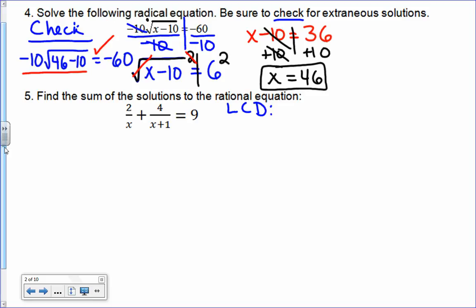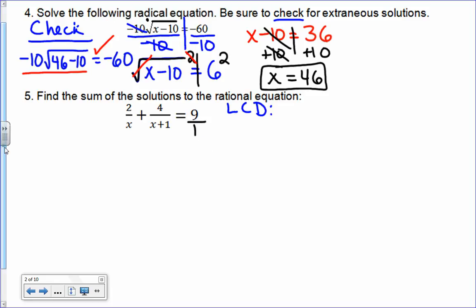What I want to do first, though, is take this 9. It's just a whole number. I want to make it a fraction, 9 over 1, so we can see where the top and the bottom are located. Now, if you look at the denominators, you have x, that's a factor, x plus 1, and you have the number 1. Now, if you multiply by this 1 over here where the 9 is, it's not going to change any of your factors, so it's really not that big of a deal.